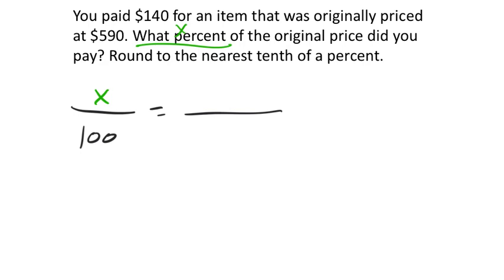Okay, so it says, what percent of the original price did you pay? It does use the word of here, of the original price, which also indicates that we're looking at the whole price, or the whole value of the item, which it says the original price was $590.